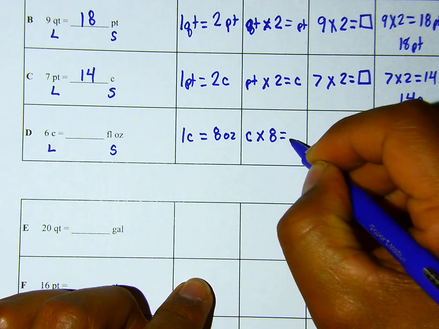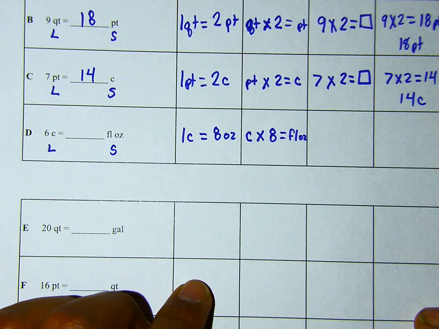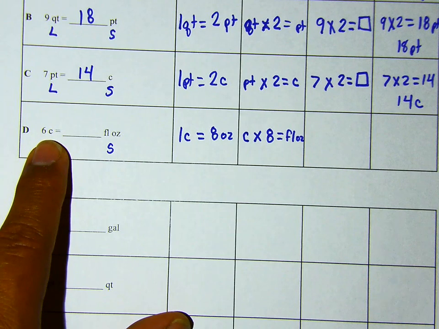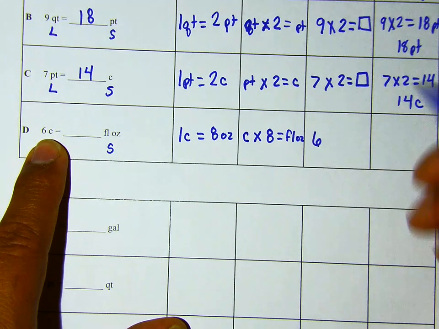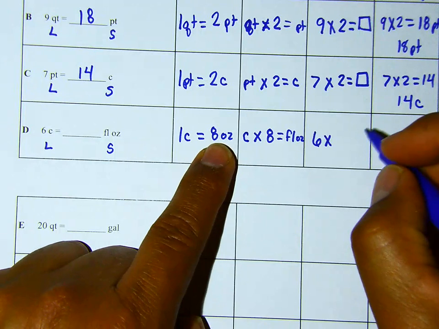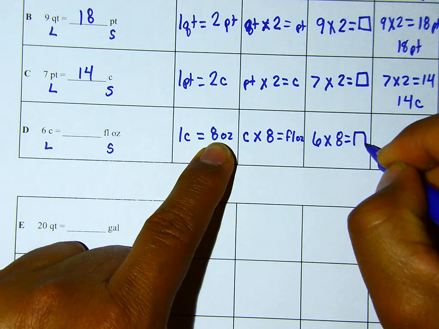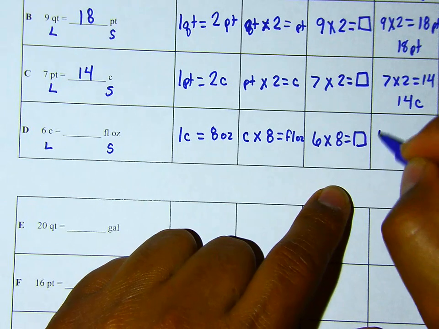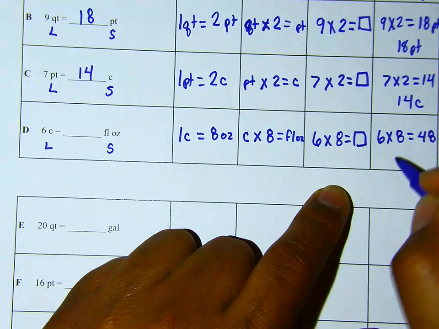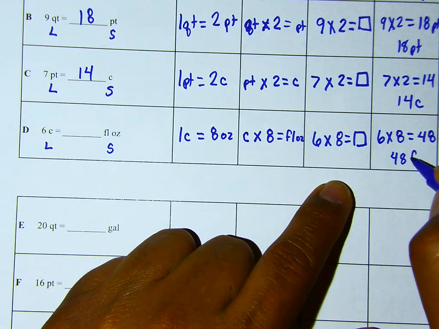And that's going to give me my fluid ounces. So what are my numbers? I take the number of cups I have, 6 cups times 8. So 6 times 8 equals 48. So that would be 48 fluid ounces.